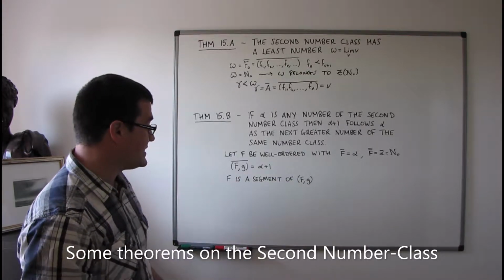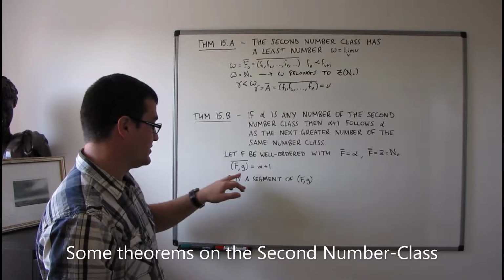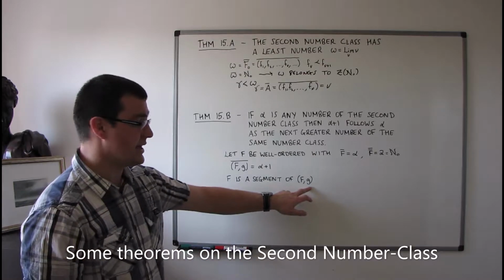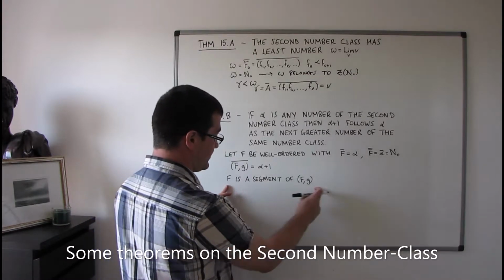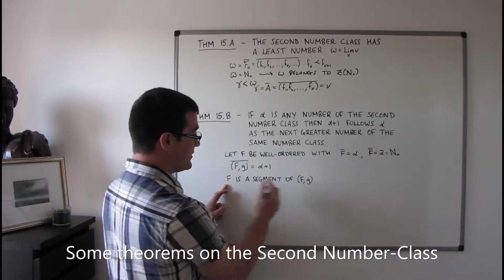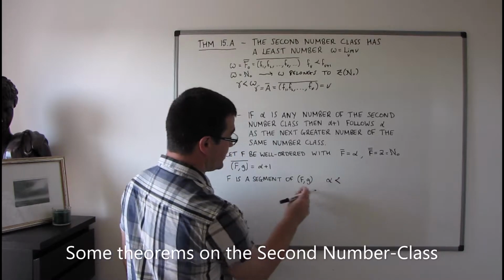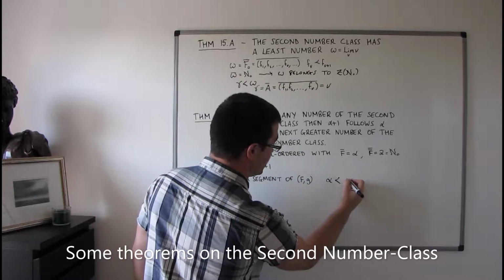We can also easily see that f is a segment of, or at least similar to a segment of, the union aggregate fg. In which case, going by what we've got here, the ordinal number of f, which is alpha, must be less than the ordinal number of the union aggregate fg, which is alpha plus 1.